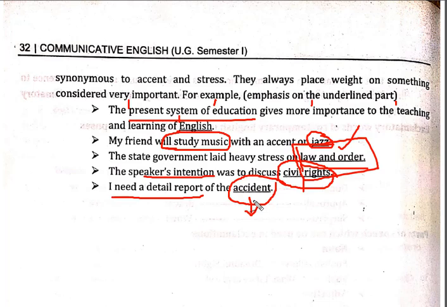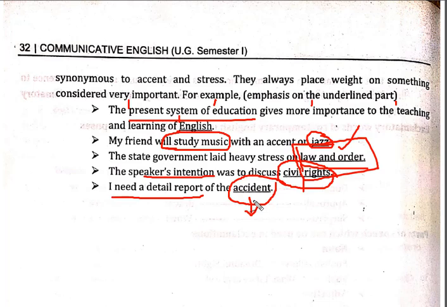So when we put stress on the words, it also shows us that these words are important. And when we put an exclamation mark after the words, it also shows us that these words are important.